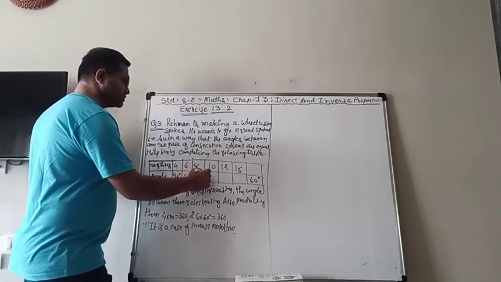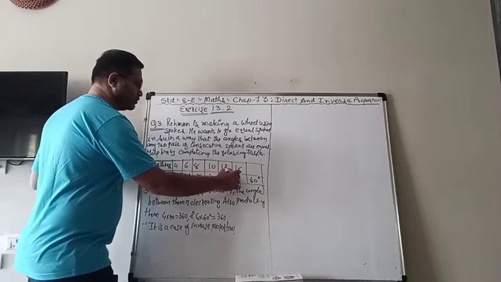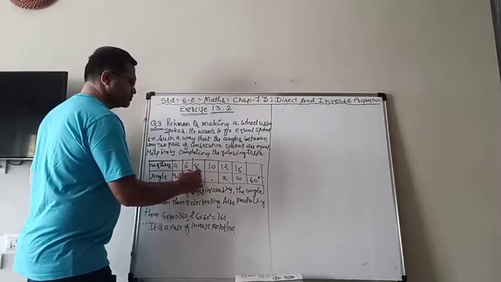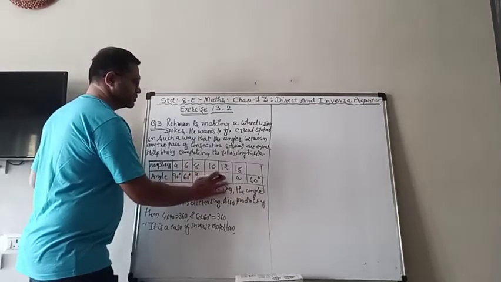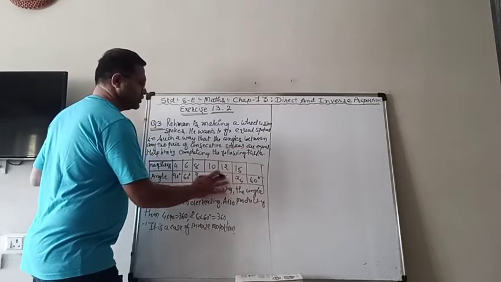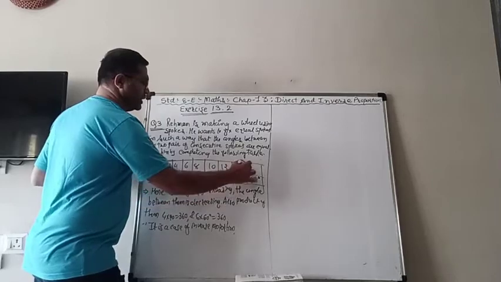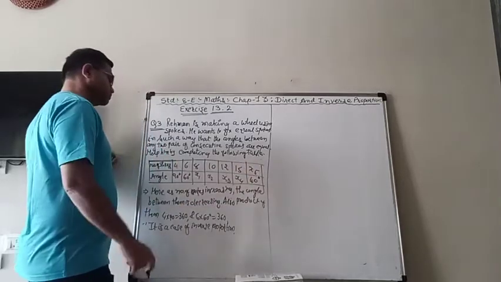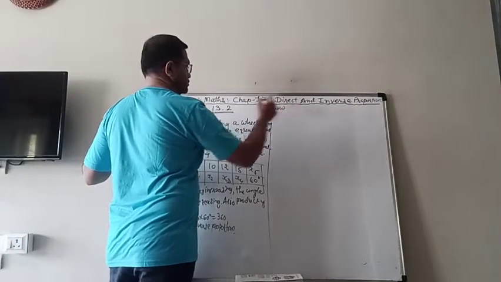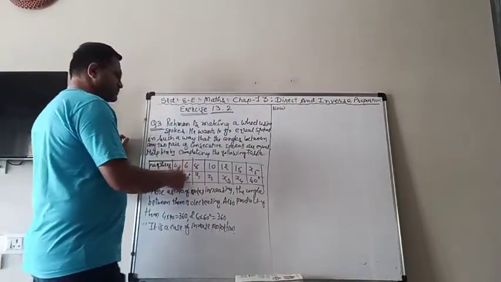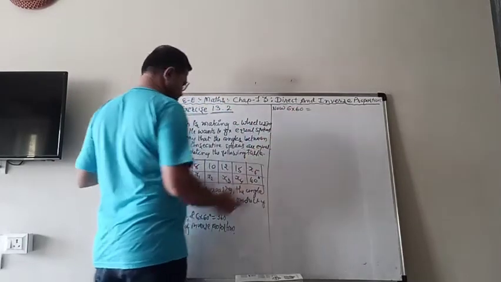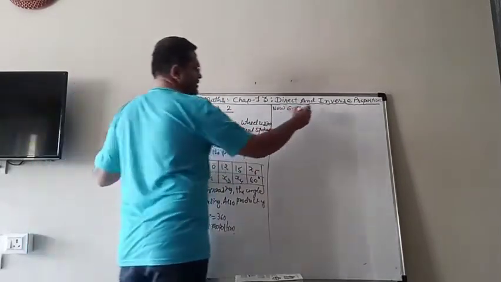So here we can take some unknown values that we have to find, or you can take x1, x2, x3, x4 and x5. So now 6 multiplied by 60 is equal to 8 multiplied by x1.